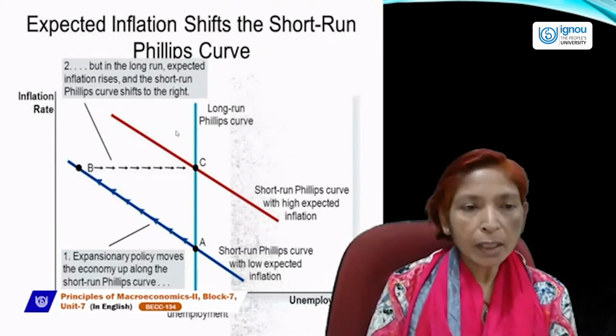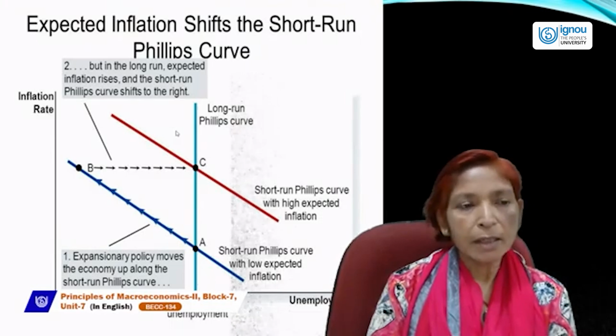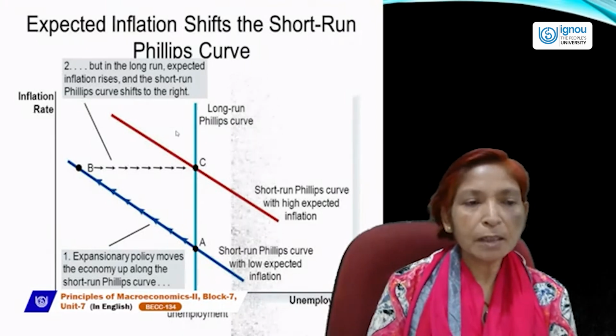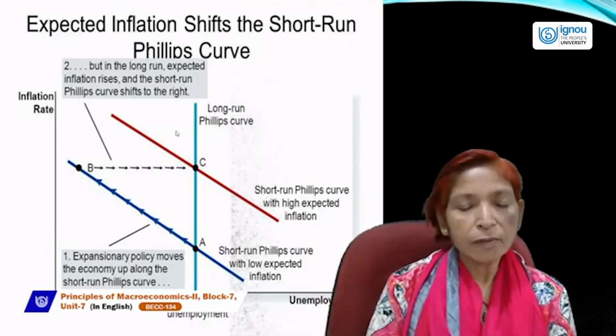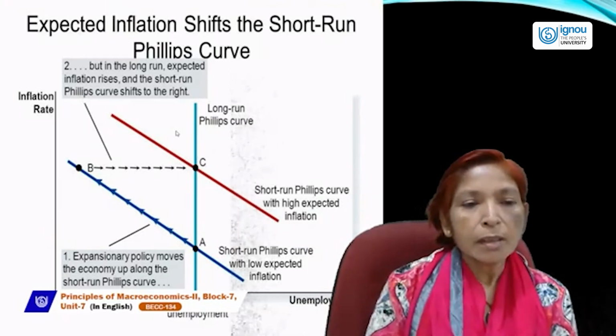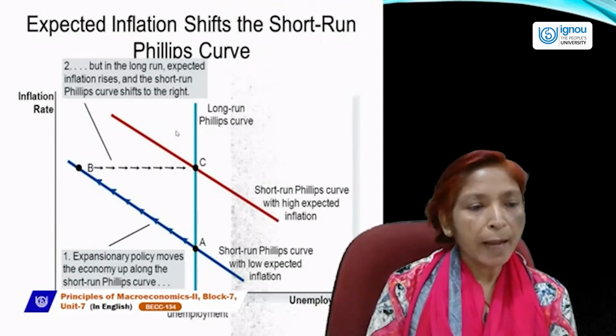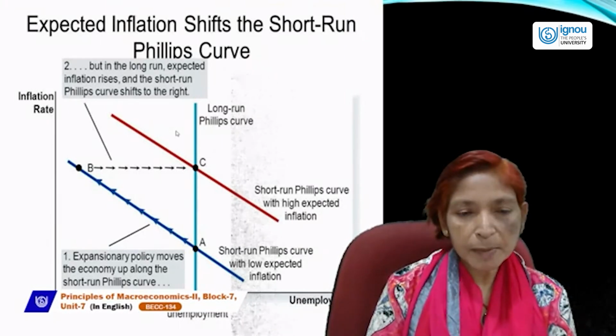In the long run, expected inflation rises and the short run Phillips curve shifts to the right. The long run Phillips curve is this green line, and this blue line and red line are showing the short run Phillips curve.